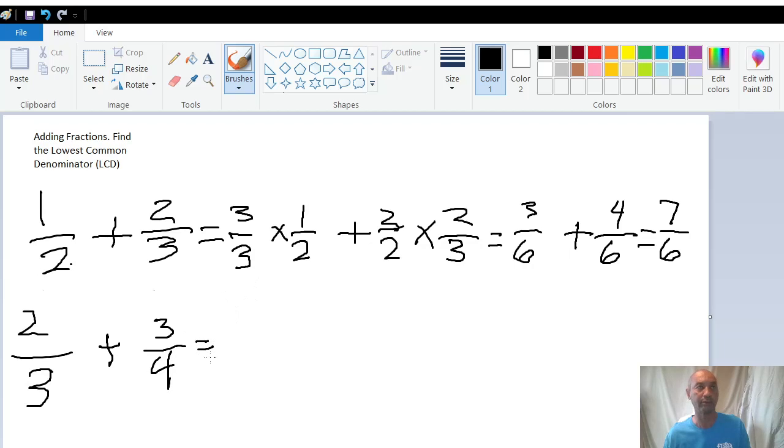Okay, and so the first thing to do is find the lowest common denominator. In this case, we're looking for a number that we can divide evenly, both 3 and 4.